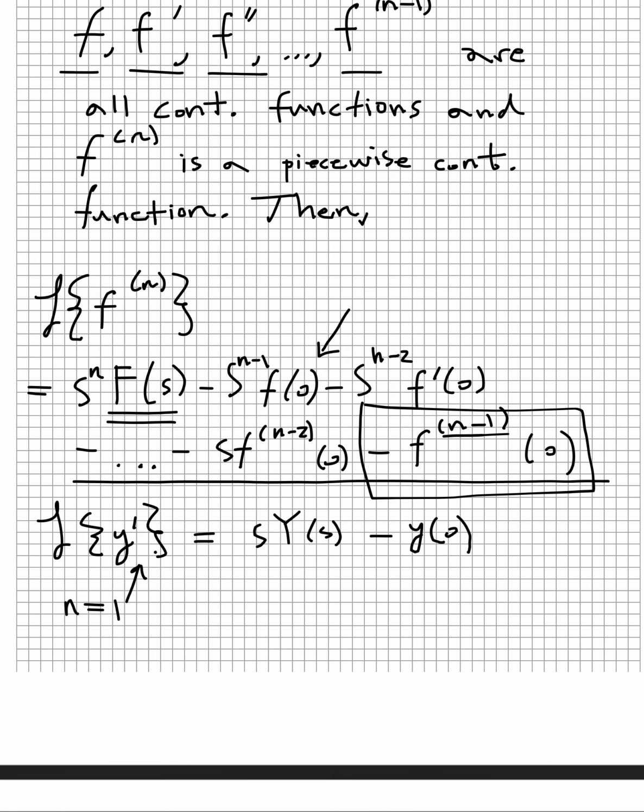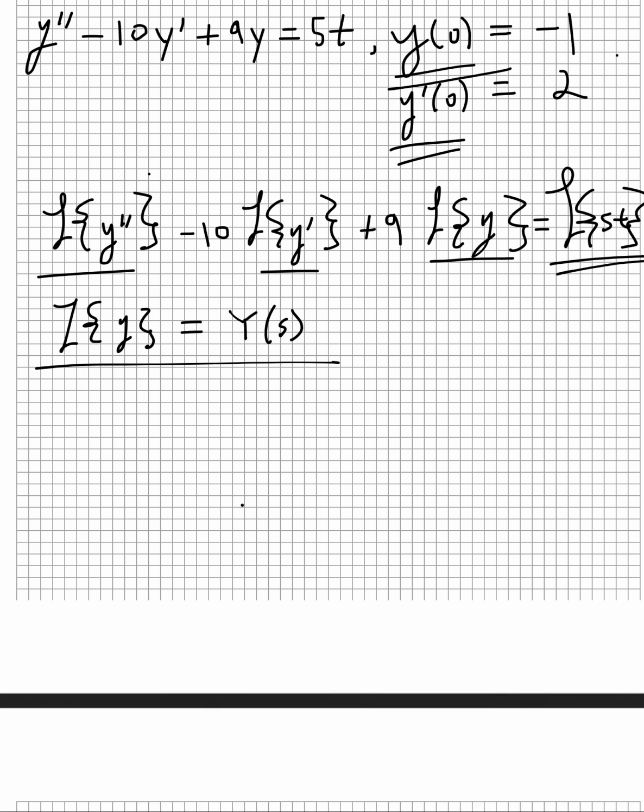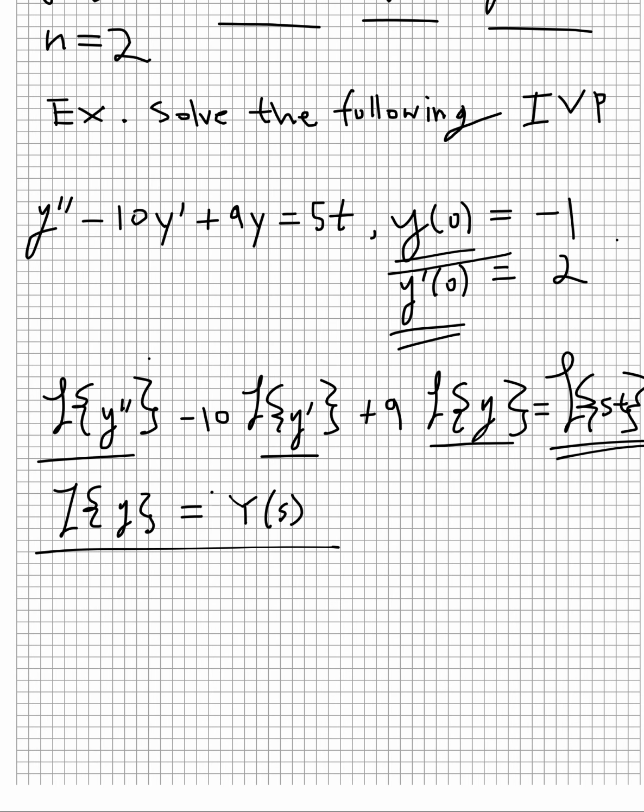If it was just y, that means n equals 0, so there is nothing to take the derivative of, and you're only left with s to the 0, which is 1, times y of s. And so we have y of s, or f of s if the subscript was f instead of y. So make sure you can see that from the definition.